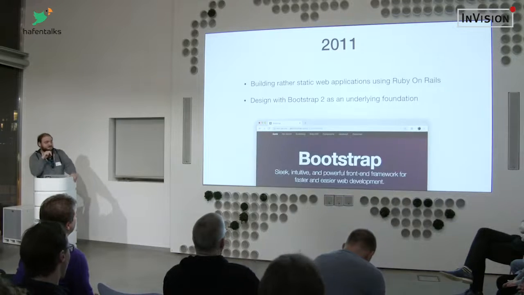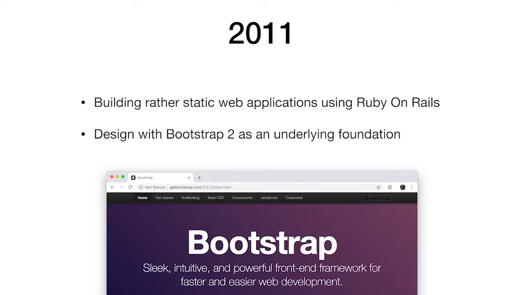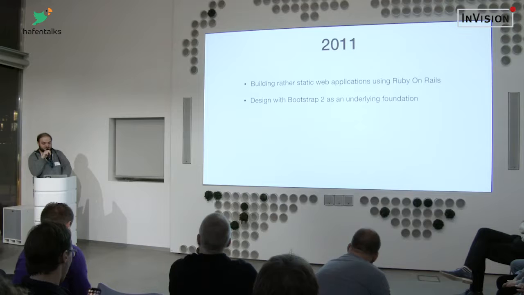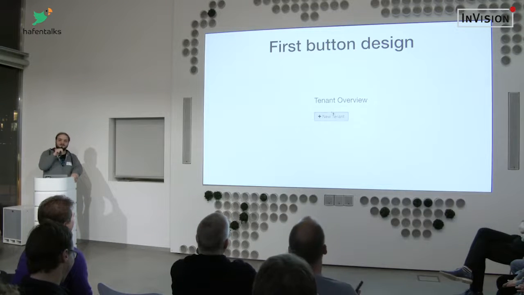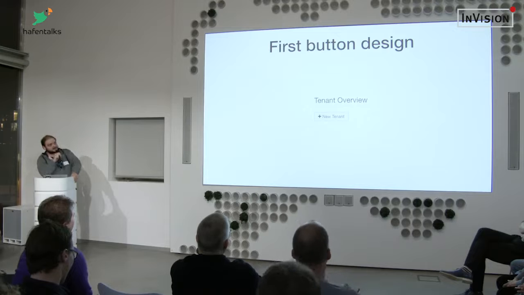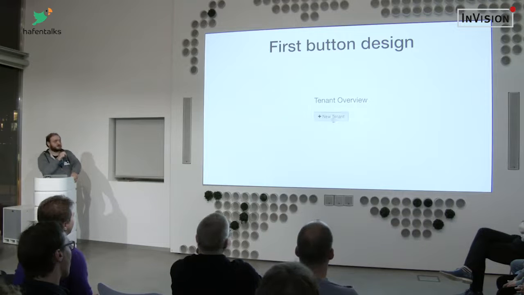And we started using Bootstrap with it. You've probably seen Bootstrap at some time in your life. One of the first iterations of the button looked something like this. In this short video, I pressed it, and there's some kind of animation as the button is pressed inside.